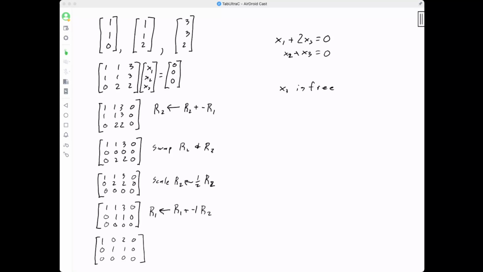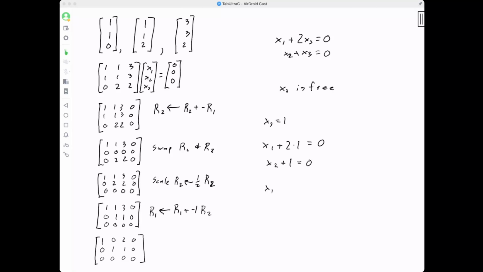Since I'm getting infinitely many solutions, in particular I can pick x3 equals, let's say, 1. That gives me that x1 plus 2 times 1 is equal to 0, and x2 plus 1 is equal to 0. I can find x1 and x2.